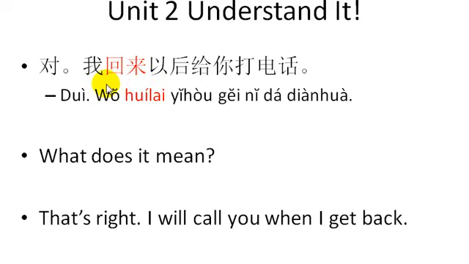But in Chinese it's I return after, give you a phone call. 对, 我回来以后给你打电话. So in Chinese, whenever you're saying after something, that something goes first, and then the word after goes after that clause, the phrase that has the activity you're using as the reference.